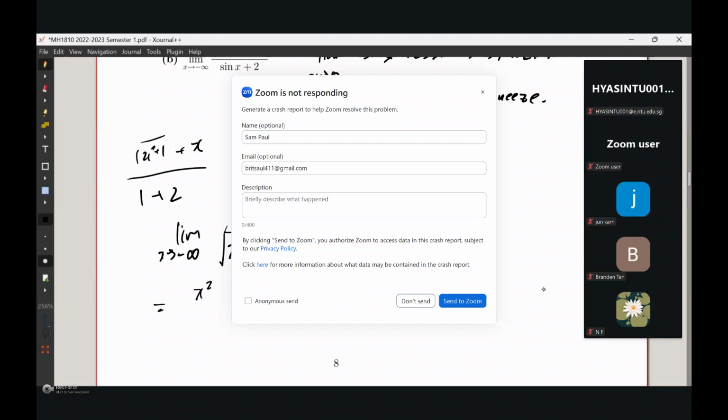Here you will get x squared plus 1 minus x squared, over whatever is here, square root of x squared plus 1 minus x, with the limit as x approaches negative infinity. Here, x squared minus x squared is 0, so we have the limit as x approaches negative infinity of 1 over whatever is here.